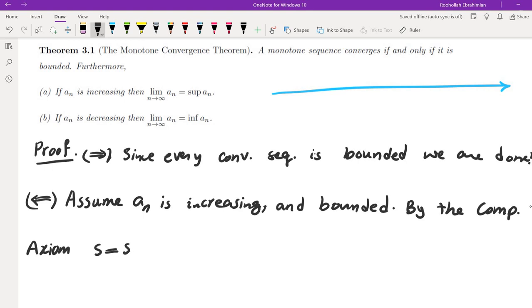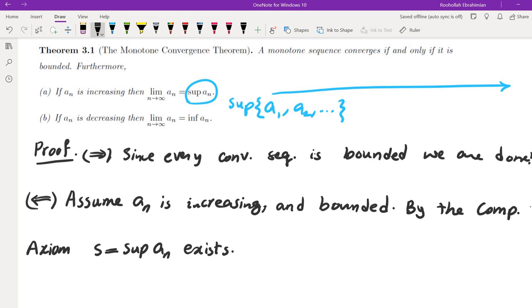I'm going to call that S. S equals the supremum of a_n exists. And when I write down the supremum of a_n, this means the supremum of the set a_1, a_2, etc. So the supremum exists because the set is bounded.